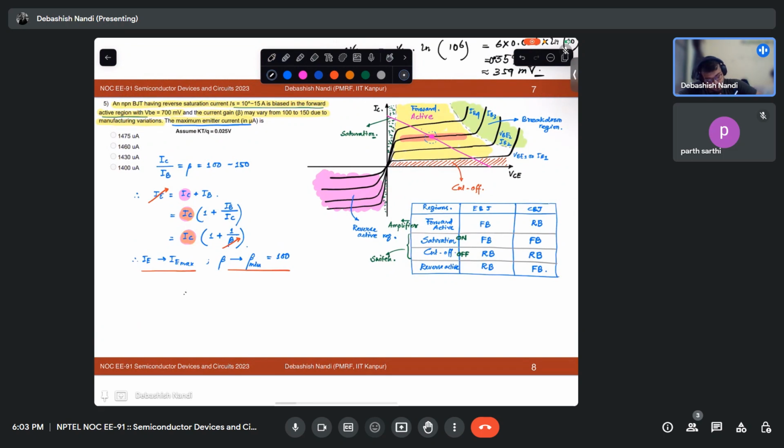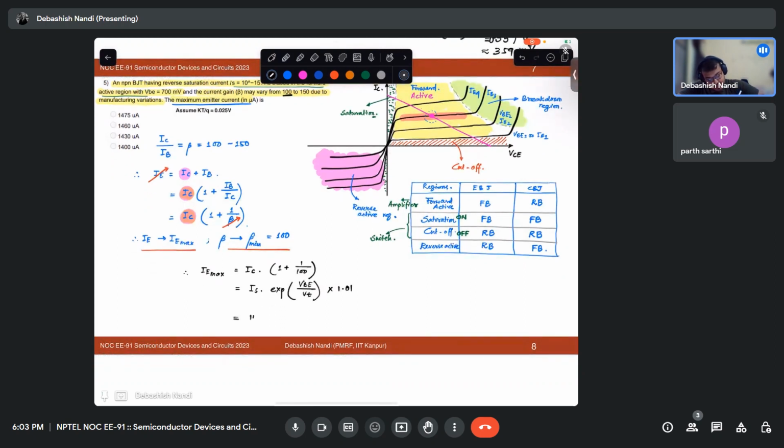So now if I want to compute IE max, I will write simply IC times 1 plus 1 over 100, because I need to take the minimum beta value. So what is your IC? IC is nothing but your IS times exponential VBE over VT times 1.01.